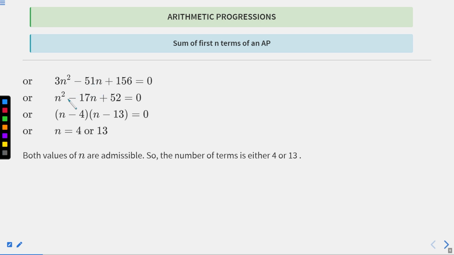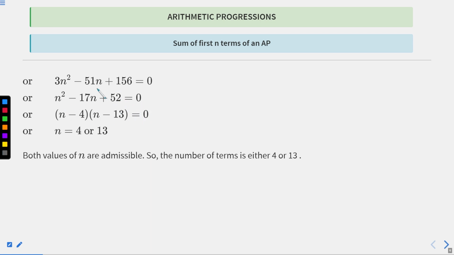Actually here we divide this equation by 3, and we get n square minus 17n plus 52 equal to 0.